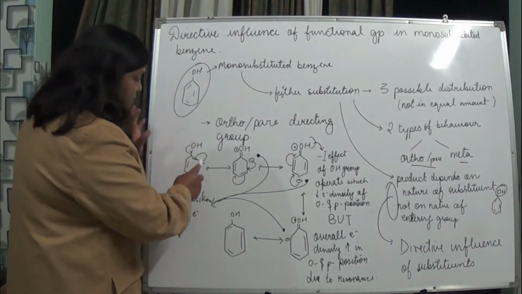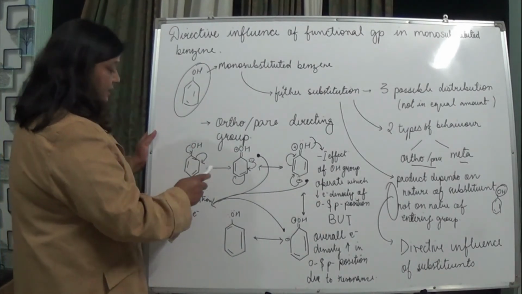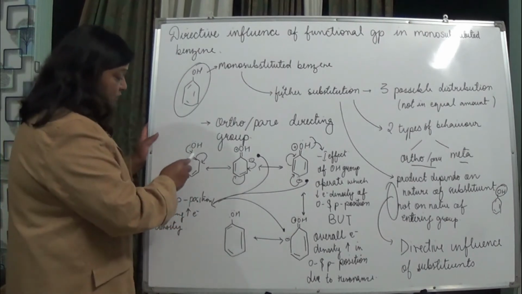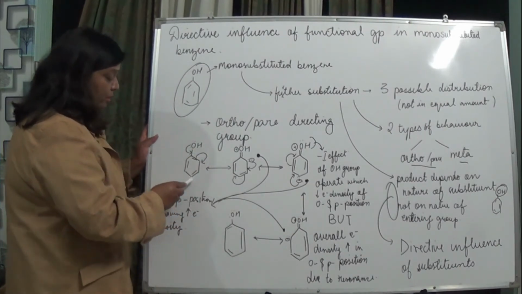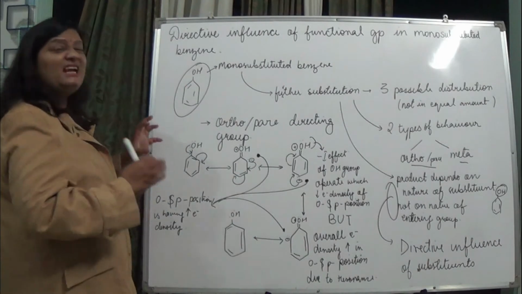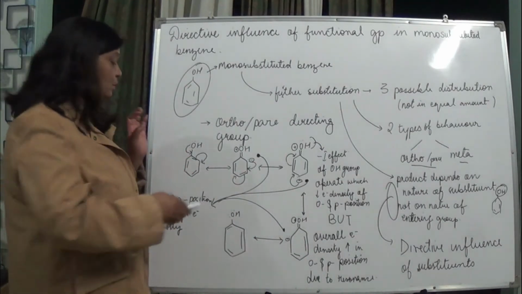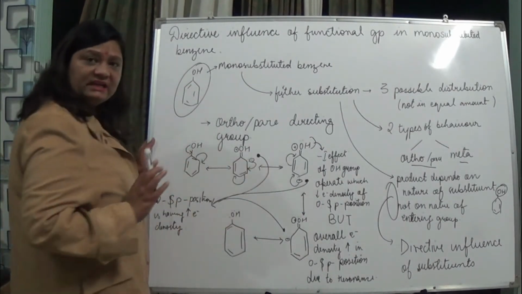Here as it is ortho, para directing, we see the electrons are directed towards the ortho and the para positions. The electron density at the ortho and the para positions increases.